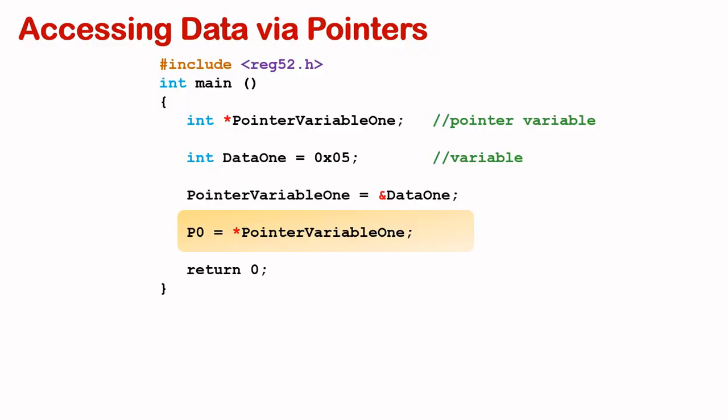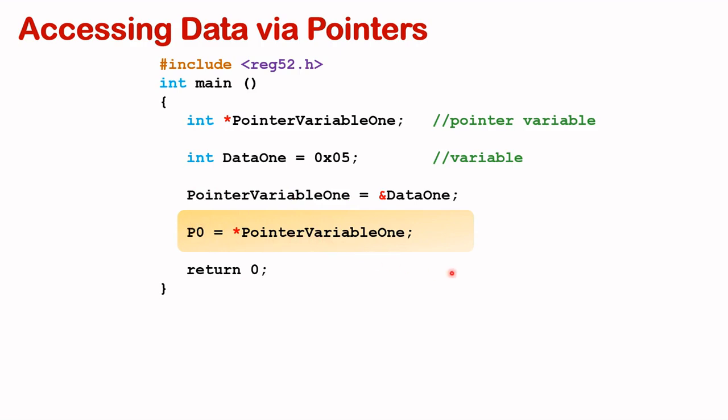Okay, now that we know how the pointers are being set up and how they work, let's look at how we can get access to the data of a variable using pointers. Basically, I'm going to use the same demonstration code with the addition of this line of code here.